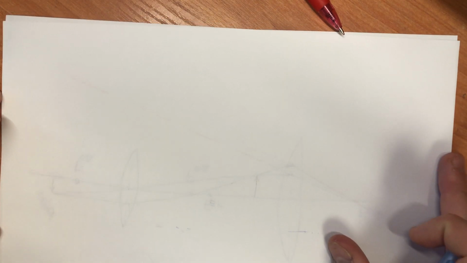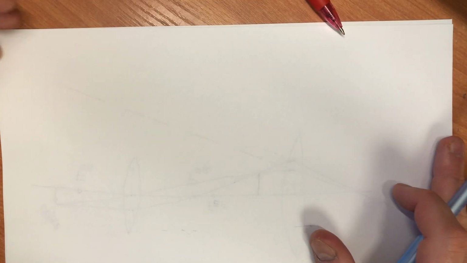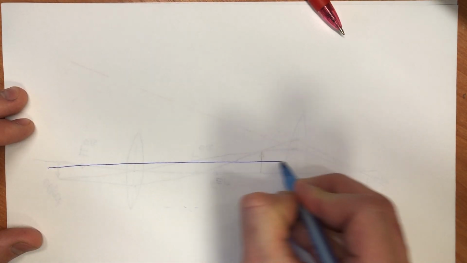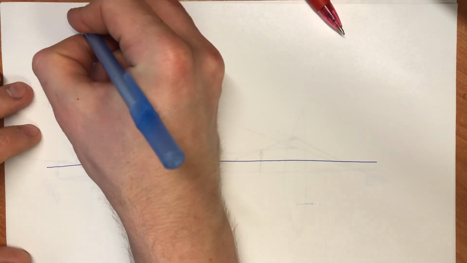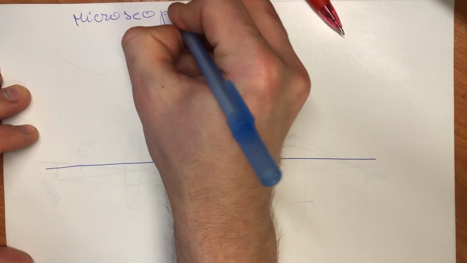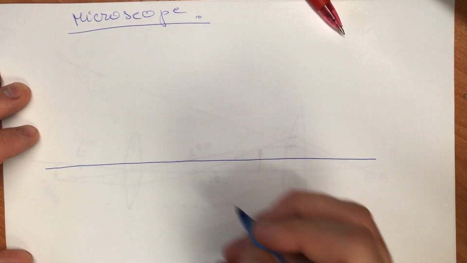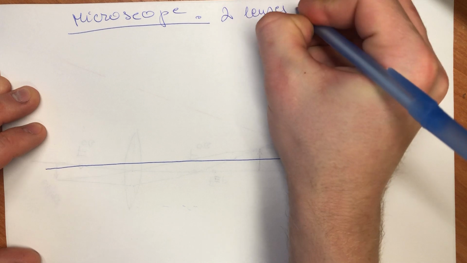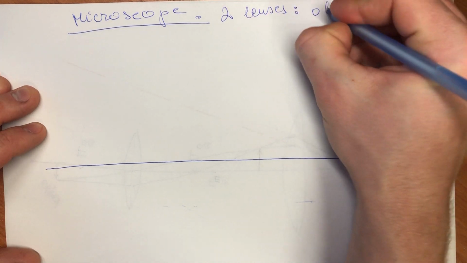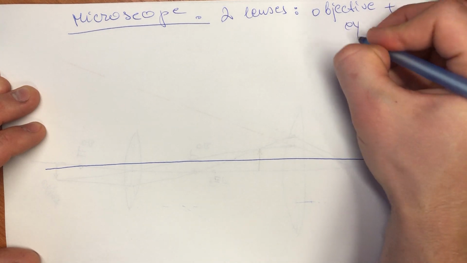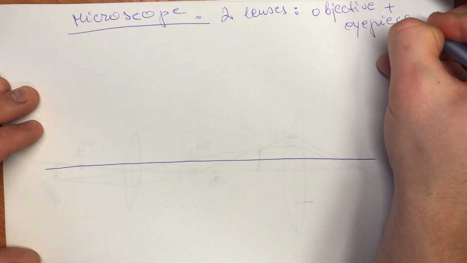Now another thing is if we have a microscope. So a microscope has two lenses, objective and eyepiece.